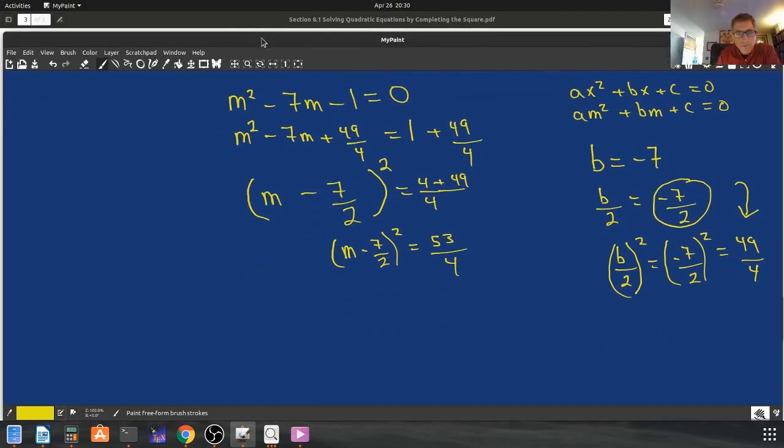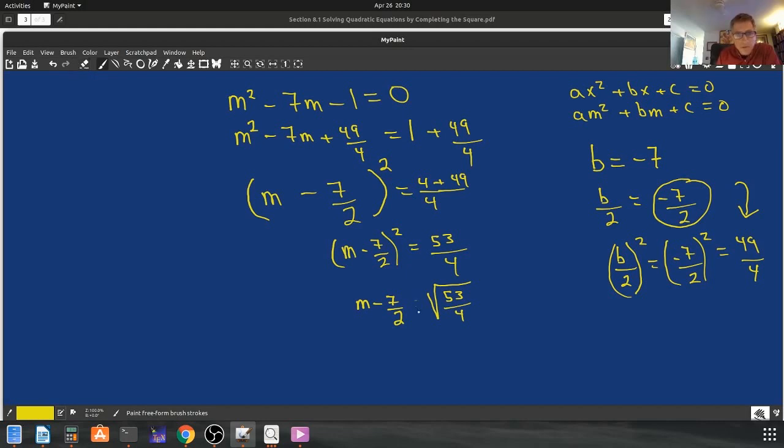So let me give me some more room up here. So now I take the square root of both sides. So that gives me, I use the square root property. M minus 7 halves is equal to the square root of 53 over 4. Sorry, I didn't leave enough room to write my plus or minus.